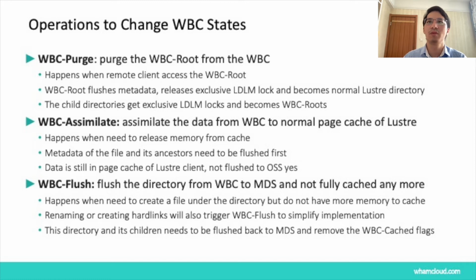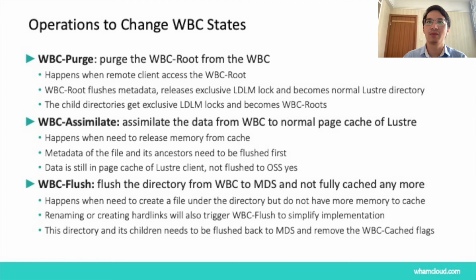It happens when a remote client accesses a WBC root, and when that happens, the WBC root will flush the metadata and release the exclusive LDLM lock, and then it becomes a normal Lustre directory. And after that, the children under that directory get exclusive LDLM locks and become new WBC roots.